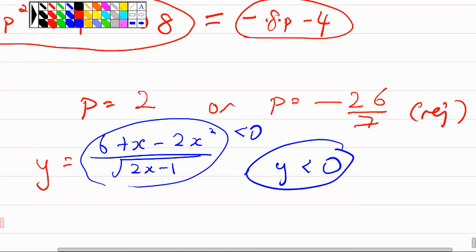Cannot. Why? Inequality, I worry. If the bottom is negative and I multiply over, what must I do? Change the sign. So the answer will be different. So how do you do it? Square both sides.